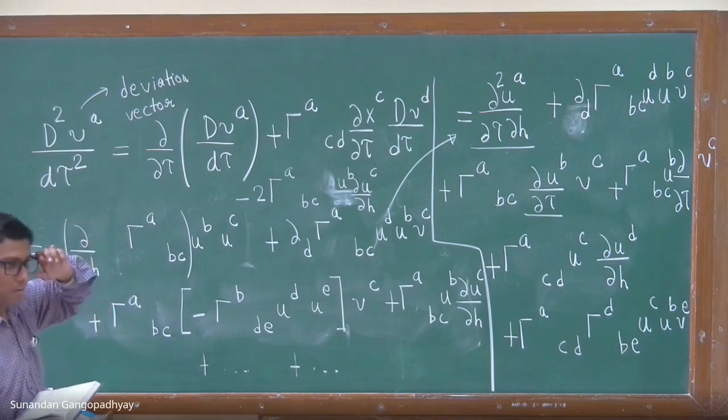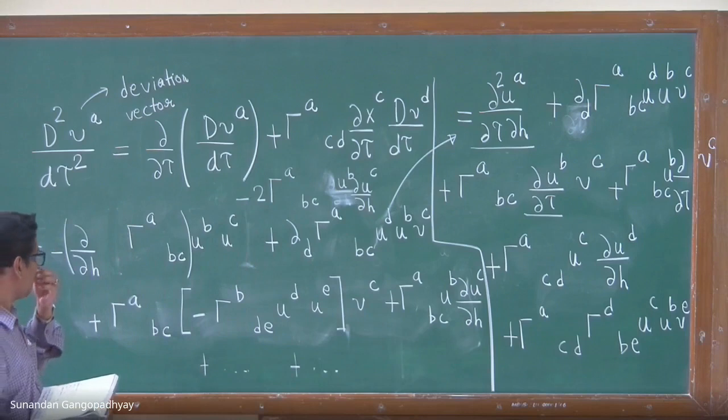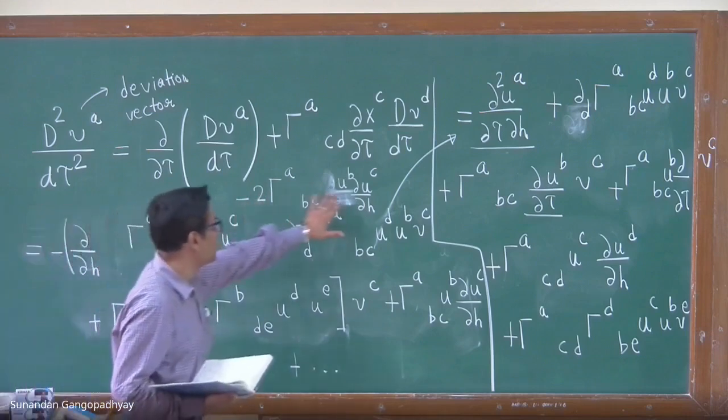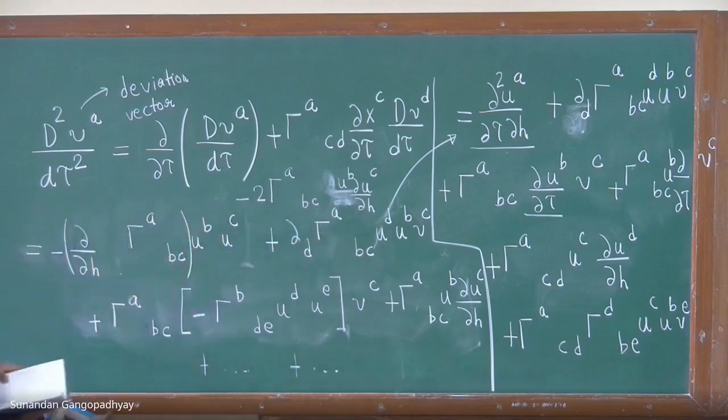You have understood it, right? Because I am using the symmetry of the Christoffel connection gamma. It is symmetric in the lower indices BC. So if you use that symmetry, you get two terms, and the two terms will add up. So this is fine.